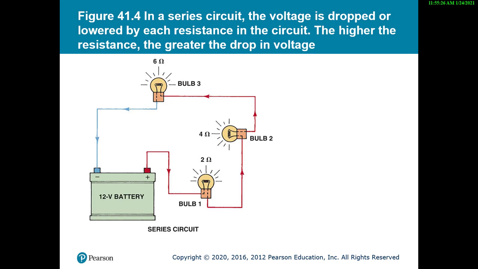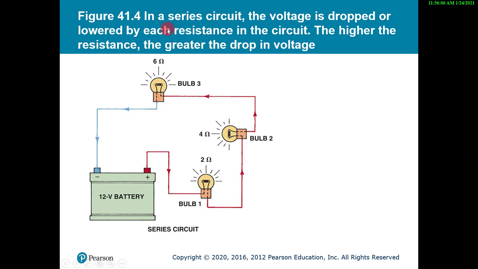So as we look at figure 41.4, in a series circuit, the voltage is dropped or lowered by each resistance in the circuit. The higher the resistance, the greater the drop in voltage. So another way to think of voltage drop is used voltage.